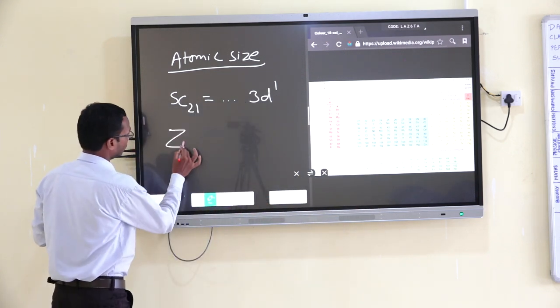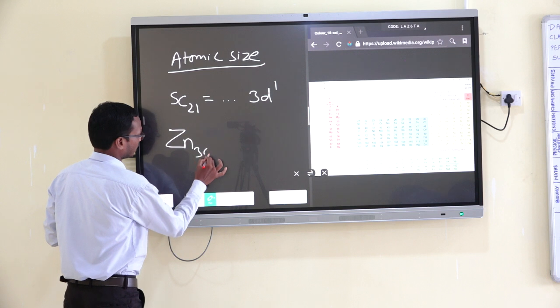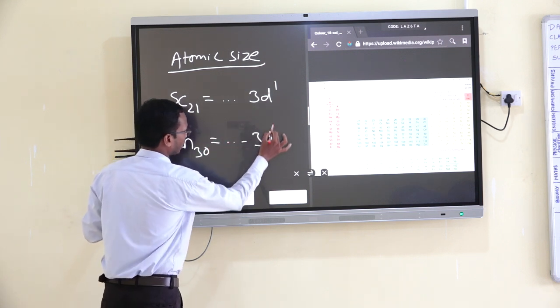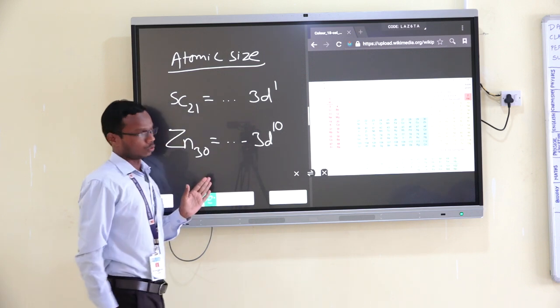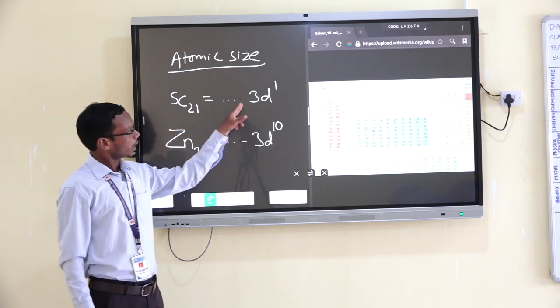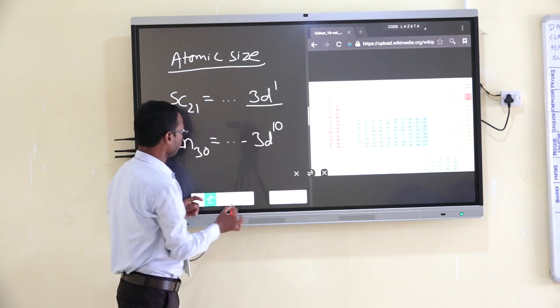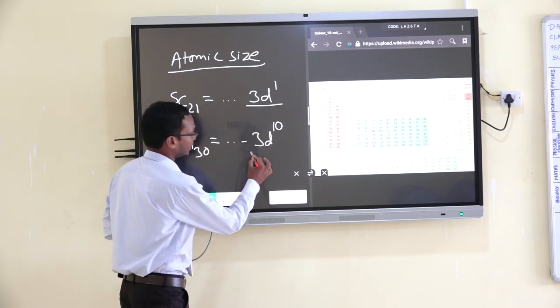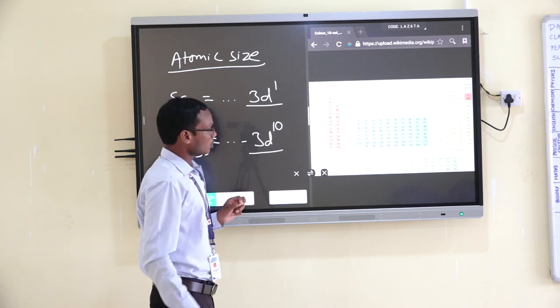What is the atomic number of zinc? 30. What is the last configuration? Okay, good, fine. Now consider these two. Scandium, atomic number 21, electronic configuration 3d1. Zinc, atomic number 30, electronic configuration 3d10. Now consider these two.